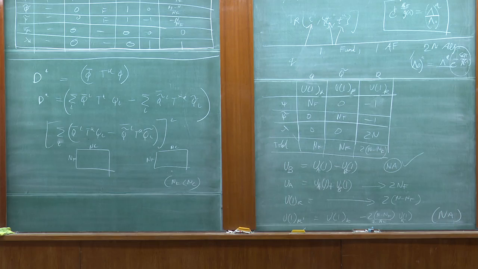Okay. Then what we will do is the following. We will move beyond NF less than NC. We will see that this Affleck-Dine-Seiberg superpotential makes no sense then. In the cases beyond that, there's no superpotential.